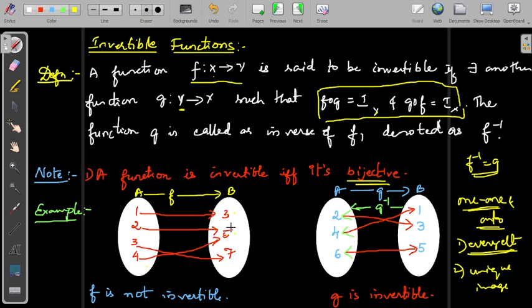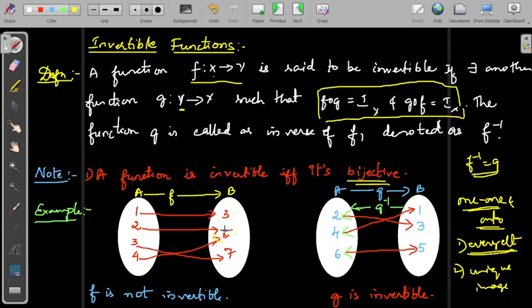So this violates the rule of uniqueness. 5 at a time can't have two different images, because it is not the requirement of a function. A function says it should go to a unique image. That uniqueness can never be established here because this function is not one-one.